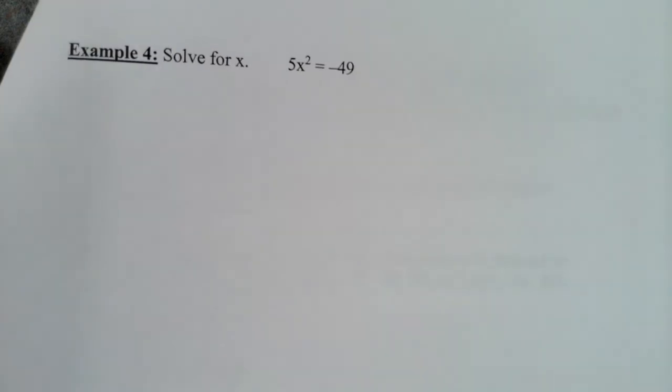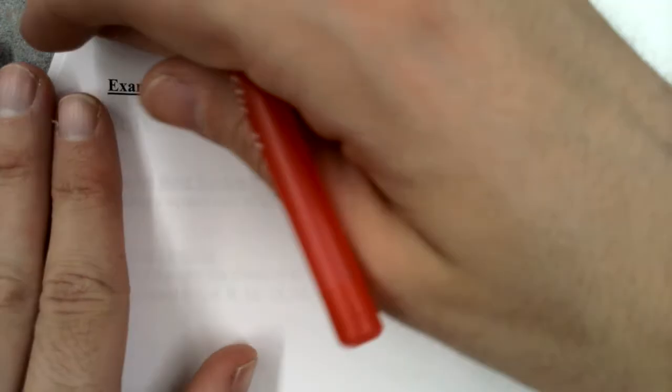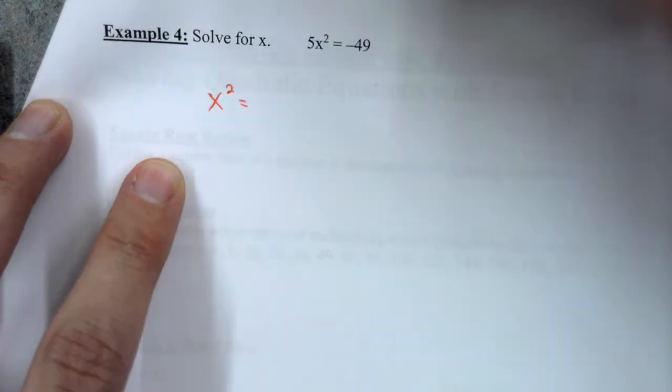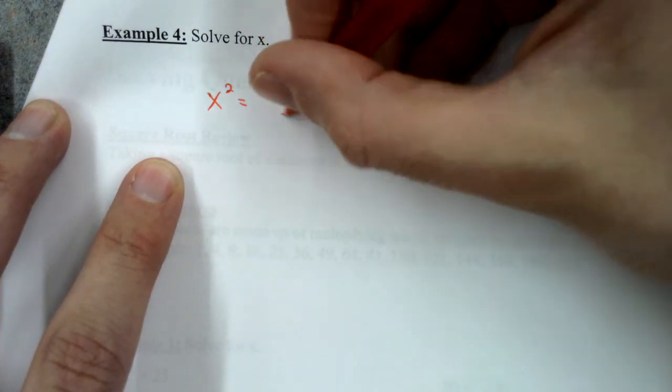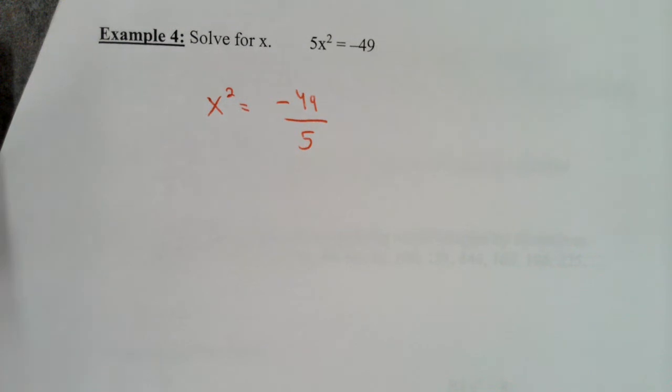So you notice how there's nothing else on this page because this is a long problem. So first, you want to solve for x, so we have to solve for x squared first. So divide each side by 5, and you get x squared equals negative 49 divided by 5. Now take the square root of each side.